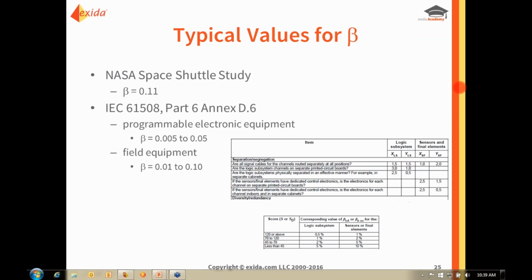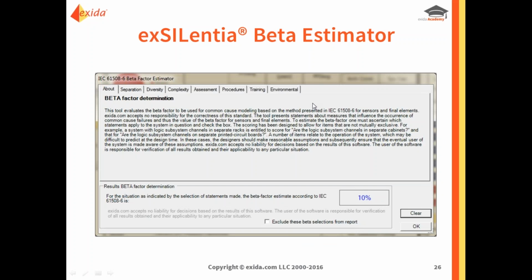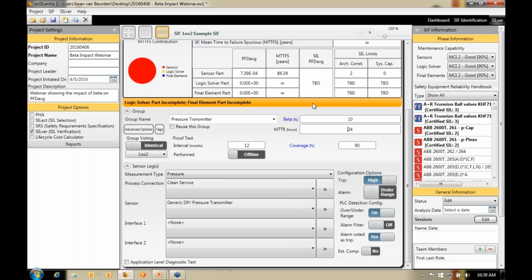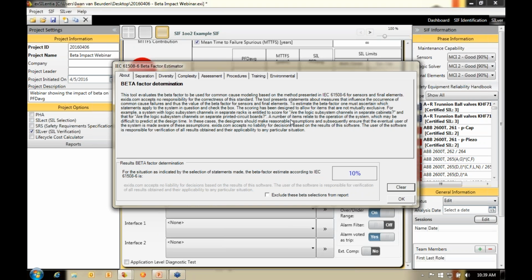So let's look at how we do that in the tool. Well, we have a beta estimator. For every redundant configuration, as soon as I go from, let's say, 1oo1 to anything redundant, in this case it was the 1oo2 scenario, the common cause factor is something I can specify, and with that, the hyperlink here, the beta factor estimator is available.